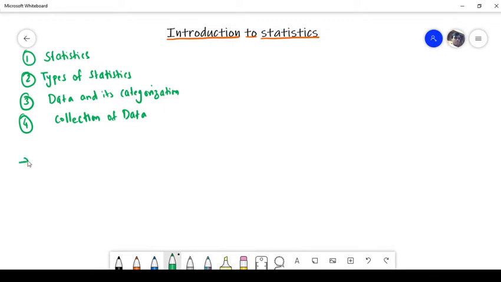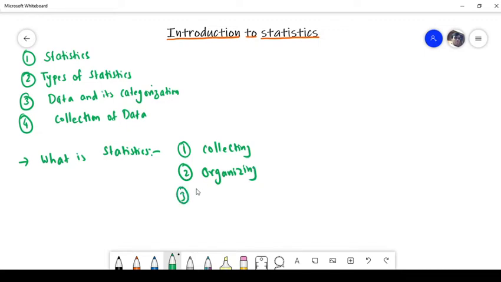Now first, what is statistics? Statistics is a process of collecting, organizing, analyzing, interpreting, and presenting the data is known as statistics.